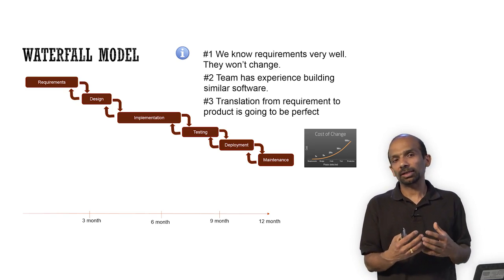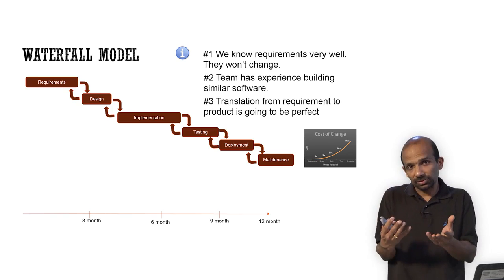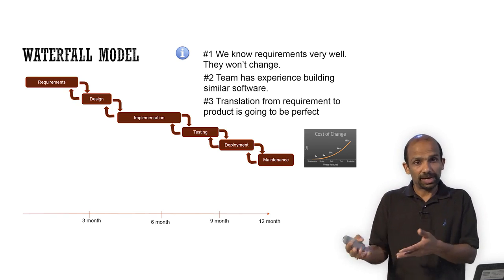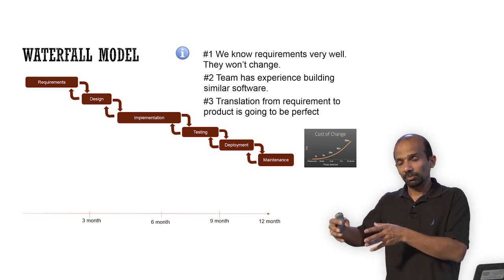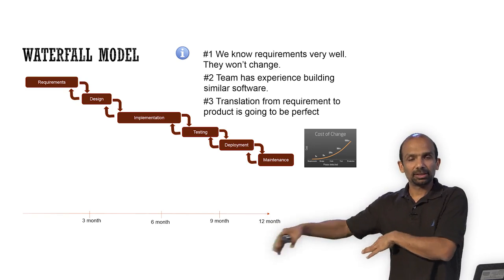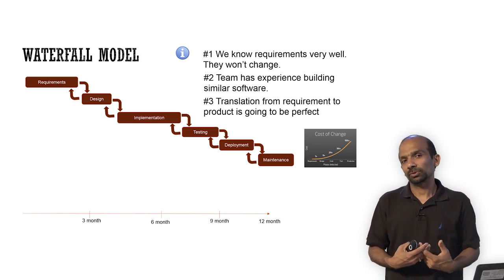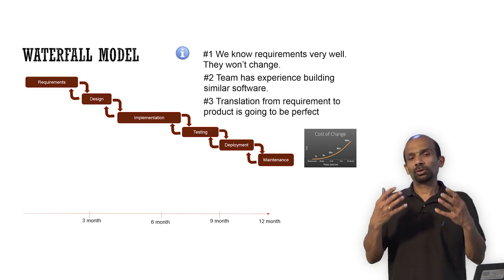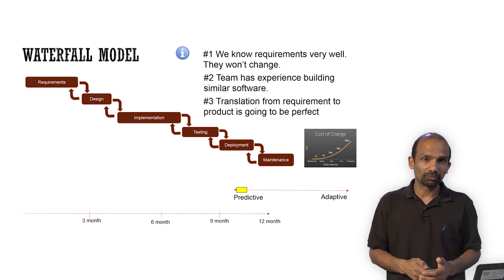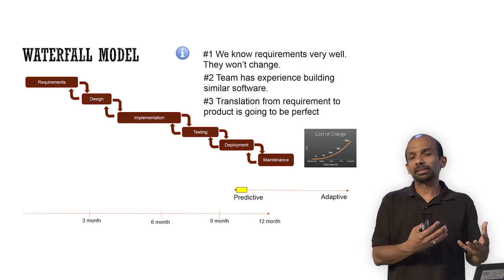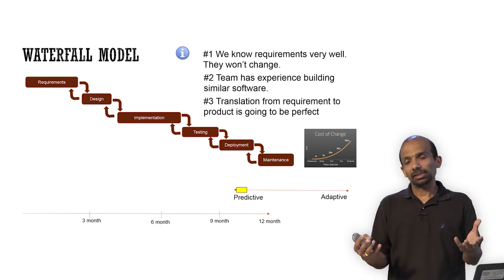If they understand it correctly, they will design the system correctly. If they didn't, the design will be incorrect, then it will be built incorrectly, and then it will be tested incorrectly, and so on. So it's really important for this model to be successful that everybody has the shared and correct understanding of what is being looked for.